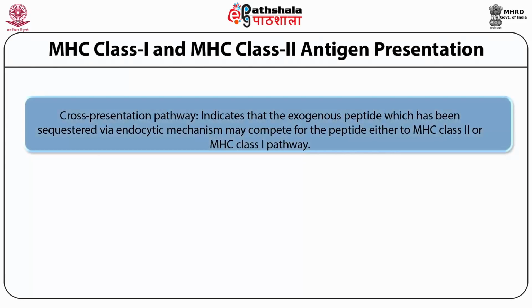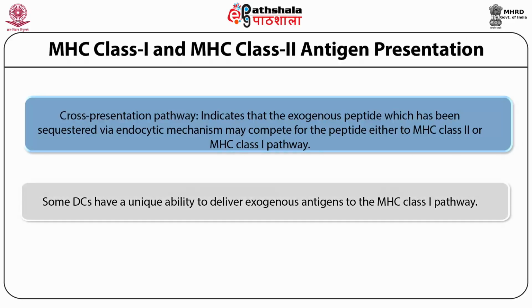The cross-presentation pathway indicates that the exogenous peptides which have been sequestered via endocytic pathways or mechanisms may compete for the peptide either to the MHC class 2 or MHC class 1 pathway. Some dendritic cells have a unique ability to deliver the exogenous antigens to the MHC class 1 pathway.